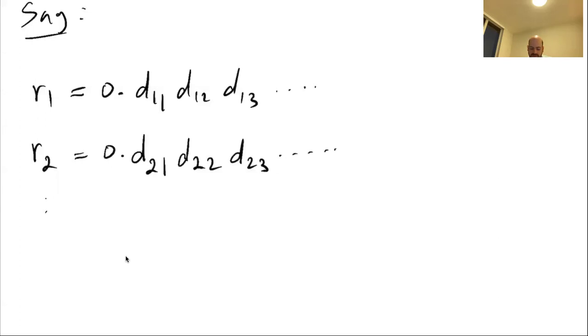And so on. So you can say R3 equals 0.D31, D32, D33, and so on. Okay, now these are the list of numbers that I have, which are all between 0 to 1.